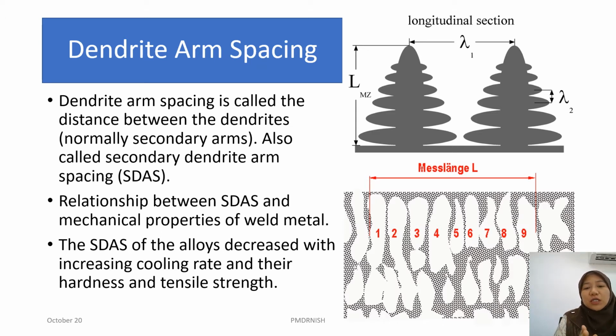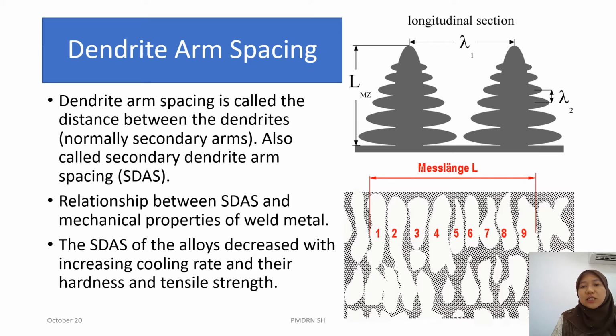So the smaller the secondary dendrite arm spacing, showing that the dendrite is smaller, normally it relates to higher hardness and higher strength of the weldment.